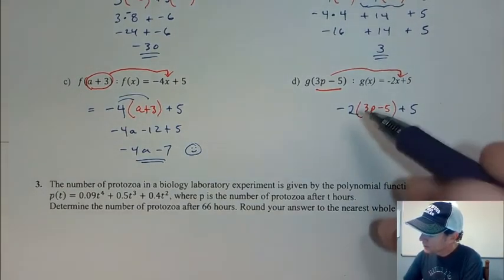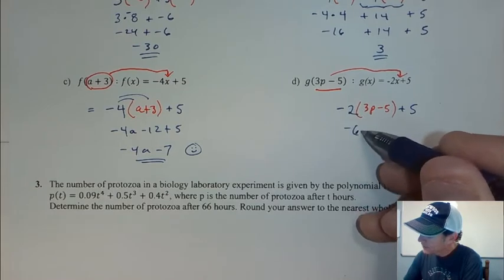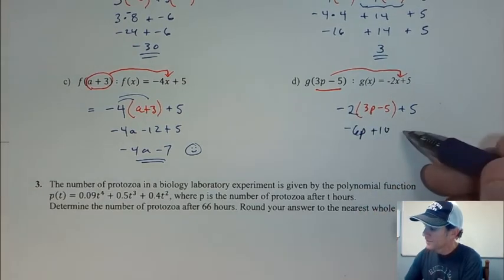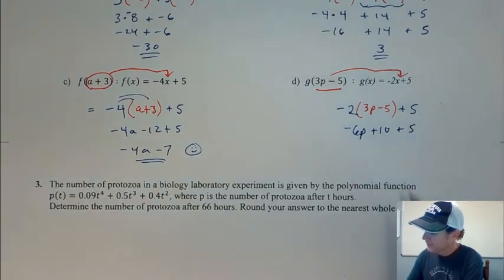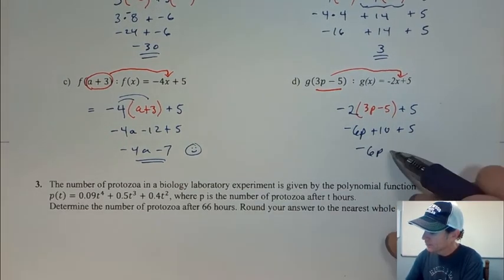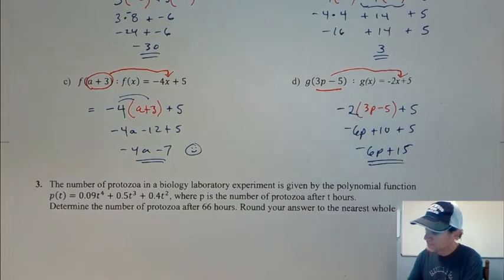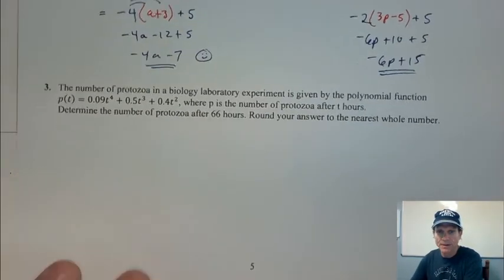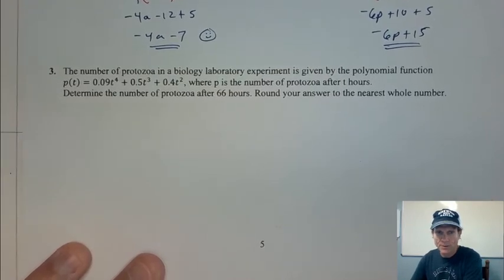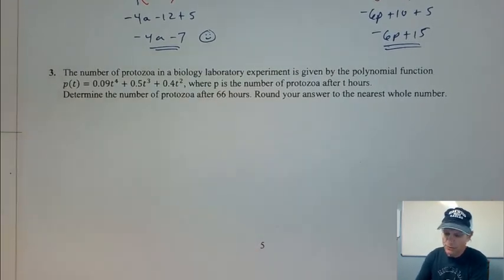So doing the distributive property here, we get -6p plus 10 and plus 5, -6p plus 15.